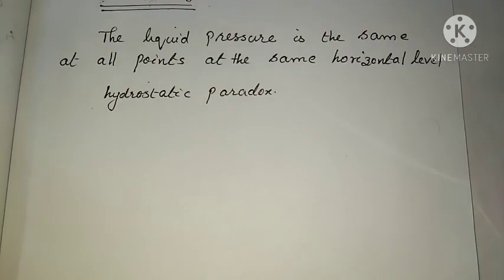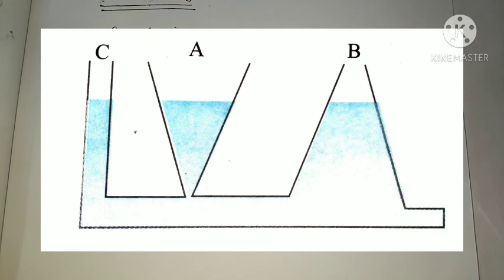Clear? Another important point related to the liquid pressure is that it is the same at all points at the same horizontal level. We can see this with an example of hydrostatic paradox. The figure shows the example of that hydrostatic paradox. You consider three vessels A, B, C of different shapes as shown in the figure. They are connected at the bottom by a horizontal pipe.